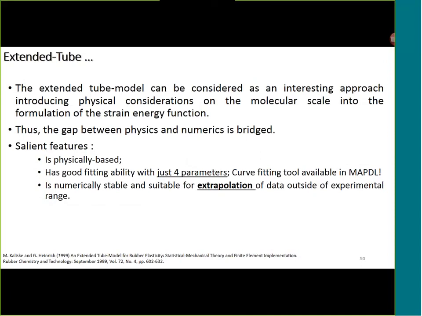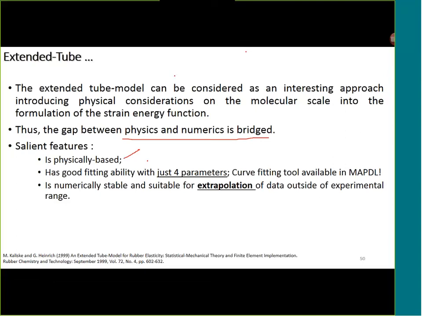It bridges the gap between physics and numerics. All the material models which fall under the statistical theory or the phenomenological theory are either based on the physics or based on the statistical approach. But this particular model bridges the gap between the two. It is quite interesting because it is very physics based.